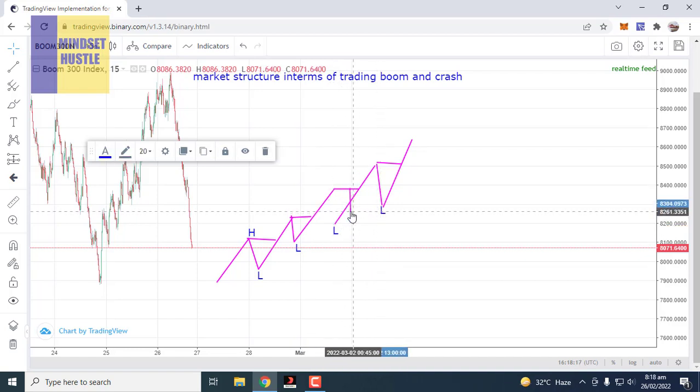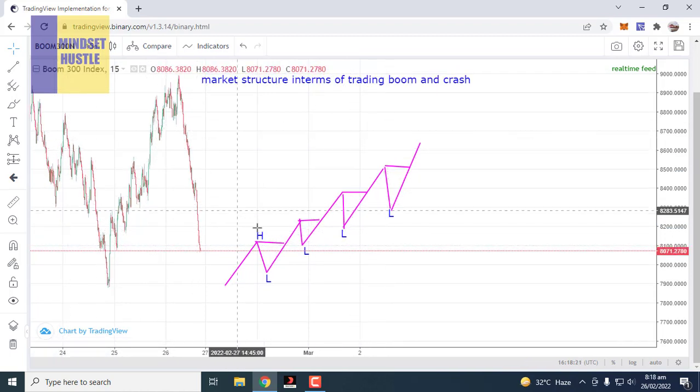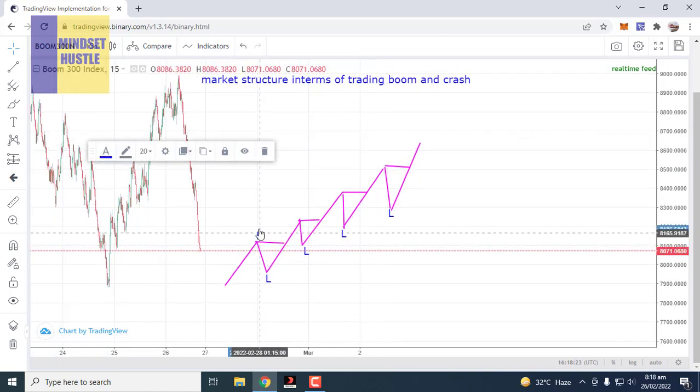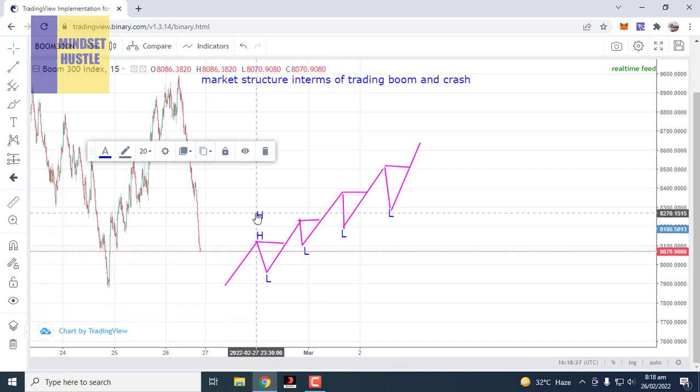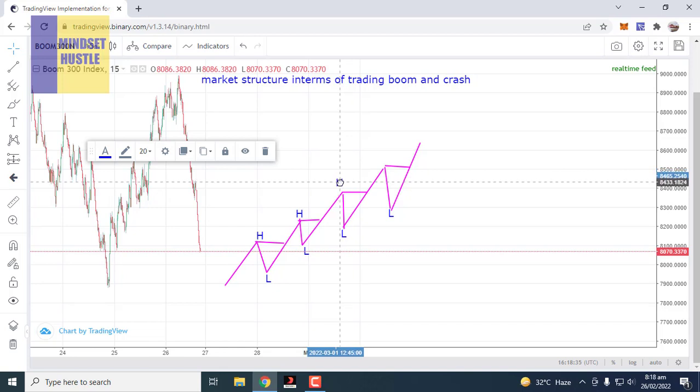So you can see that. Now we have the highs also forming in the same manner. You should know that anytime a high is broken, you should expect that the market will make a pullback, or a retracement.